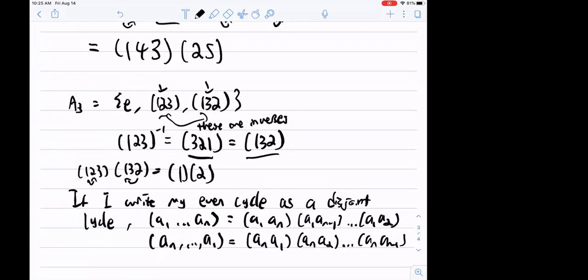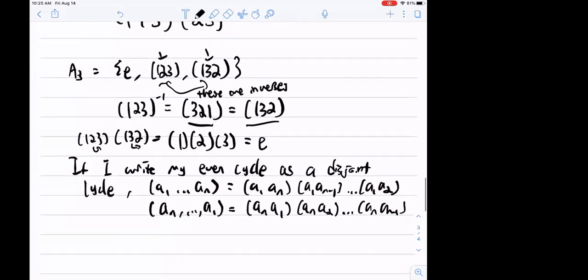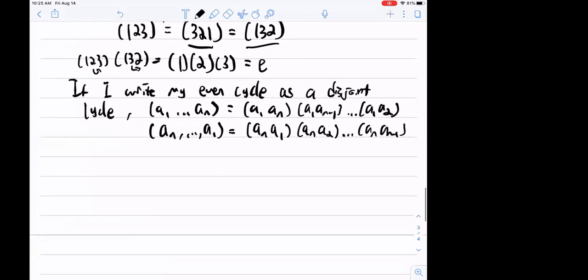Then 3 goes to 2, and then 2 goes to 3. So they get fixed. This is shorthand for E. E fixes everything. From our notation, E would be just writing nothing, but we have to write something, so we just write E. Any questions so far?